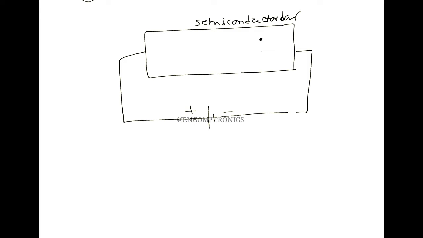Electrons exist and holes also, so I am considering electrons. Because of this applied voltage, since electrons have negative charge, all the electrons are attracted towards the positive terminal. That is, all electrons try to move towards the positive terminal. So the electrons are moving like this.